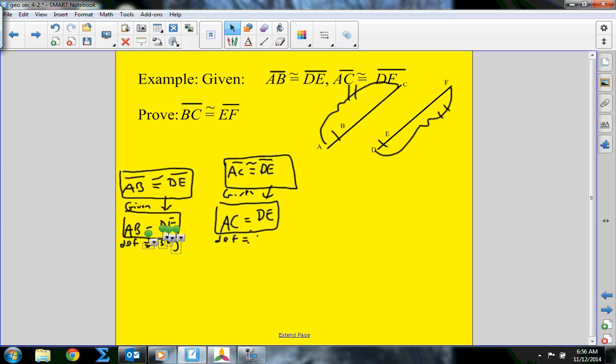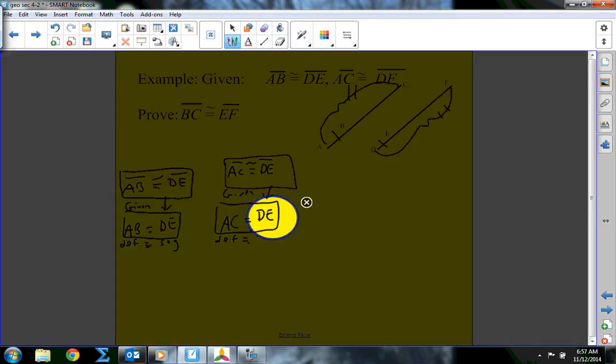AC being congruent to DF, this part over here. This information does not tell me anything about this, so I don't have them linked with arrows. This tells me this, so they're linked with arrows. I don't have an arrow from here to here because they have nothing to do with each other.